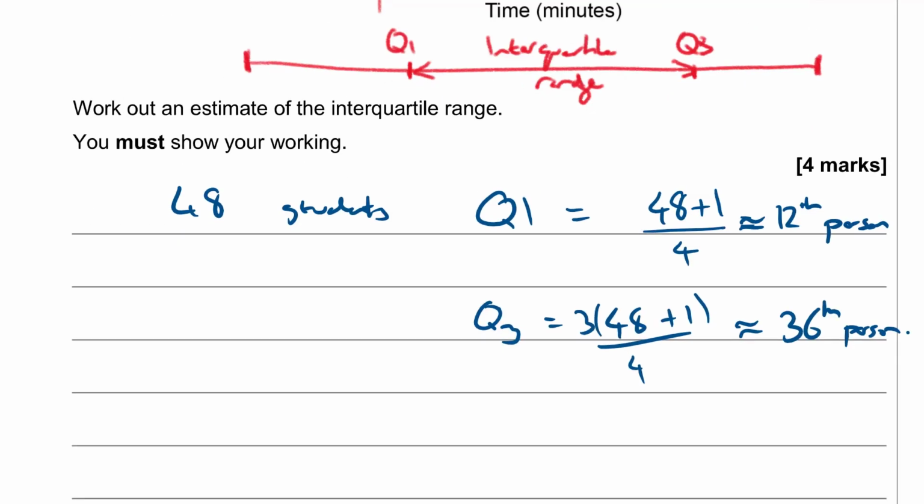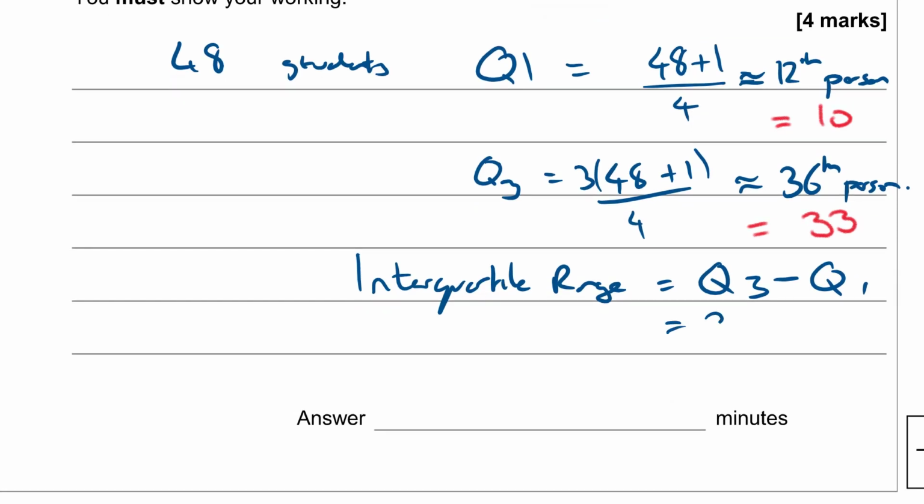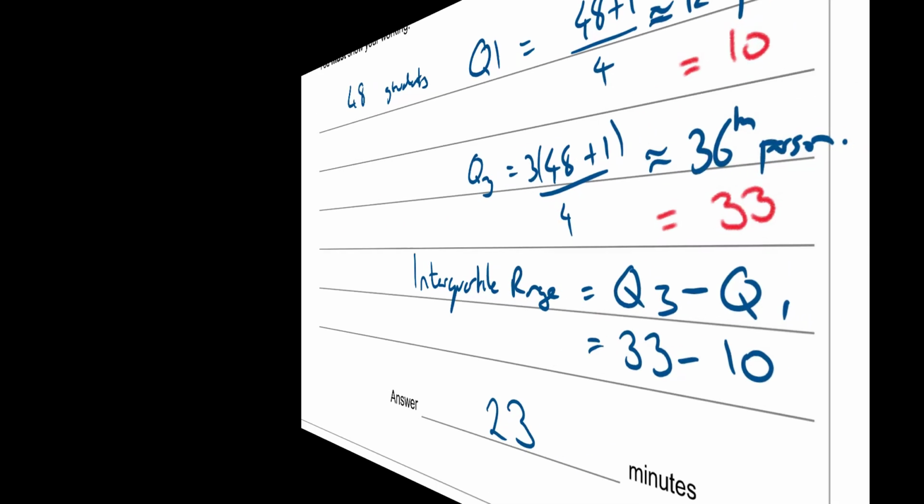So we're saying that Q1 is equal to 10 and Q3 is 33. So the interquartile range is just given by Q3 subtract Q1, which we now know is 33 subtract 10, and 33 subtract 10 is 23 minutes.